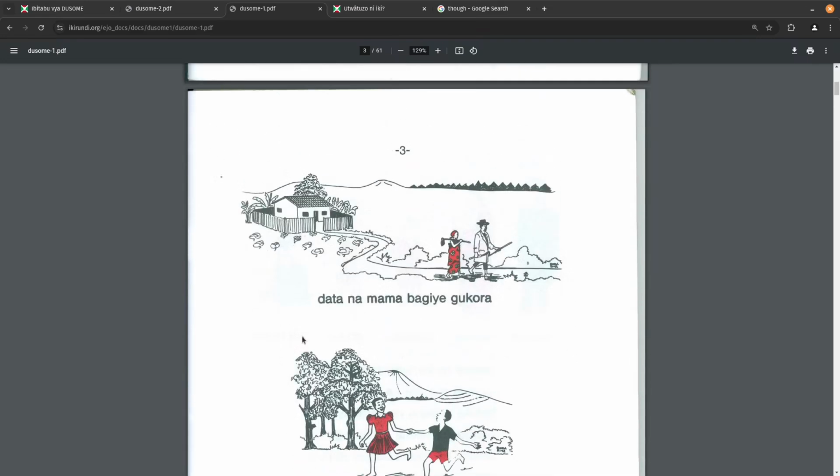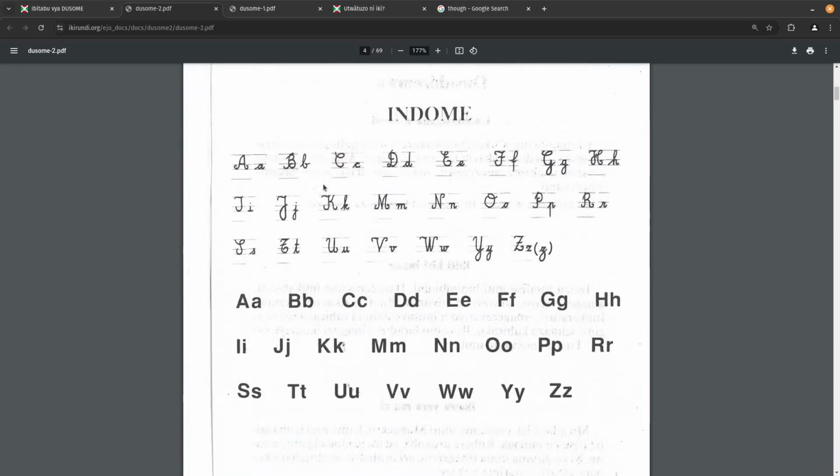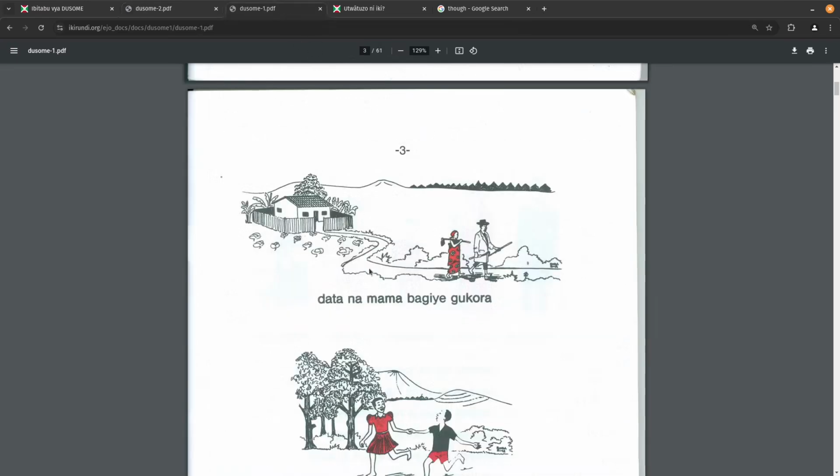For example, when it comes to pronunciation of words, although in the alphabet this is be, within a word you don't pronounce it as bagiye, even though if you do, a native speaker will understand what you're saying. You say bagiye gukora, they went to work.